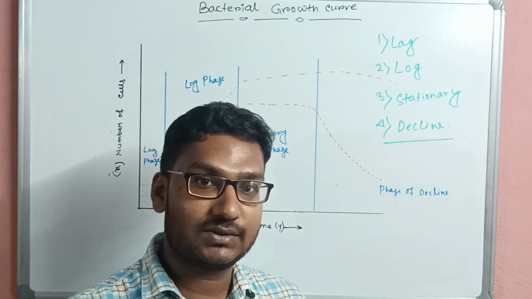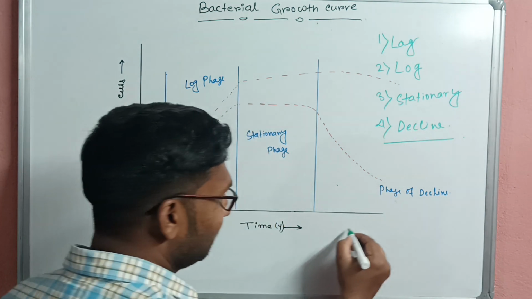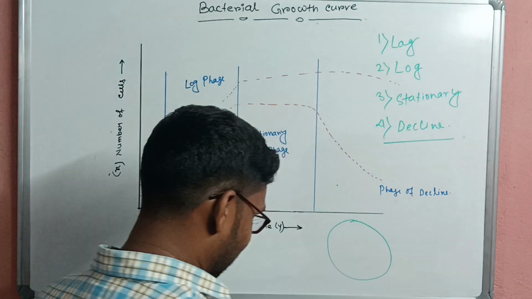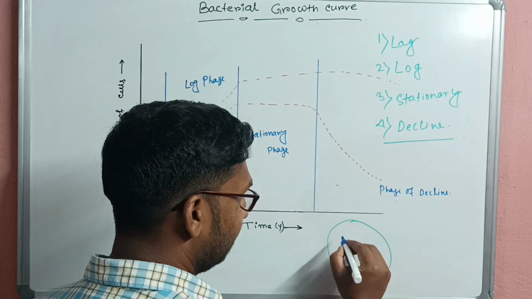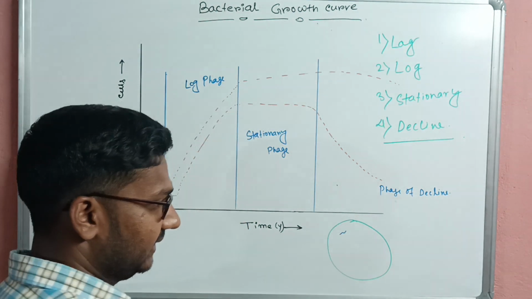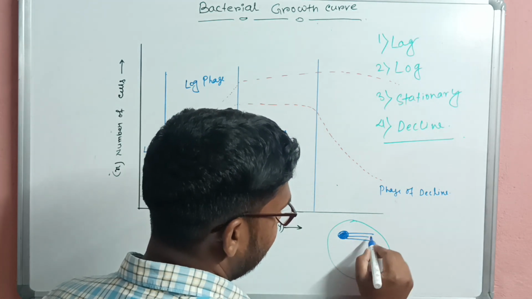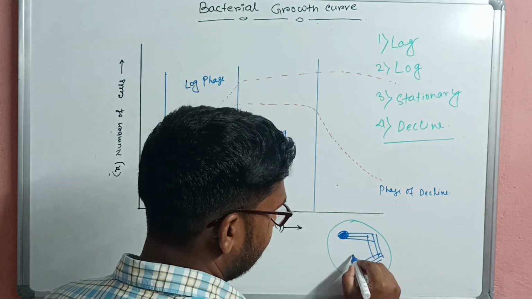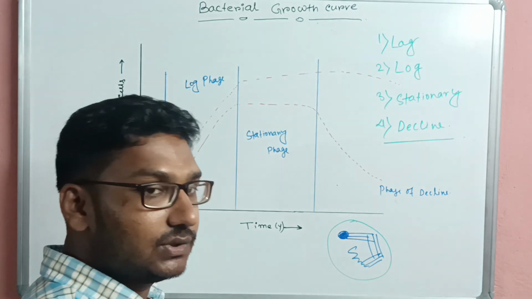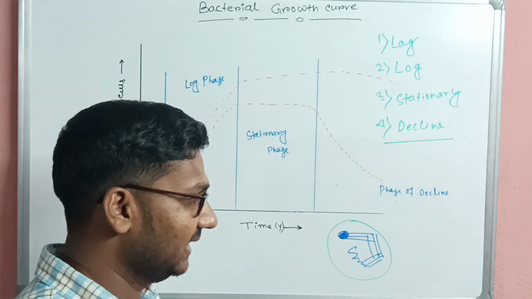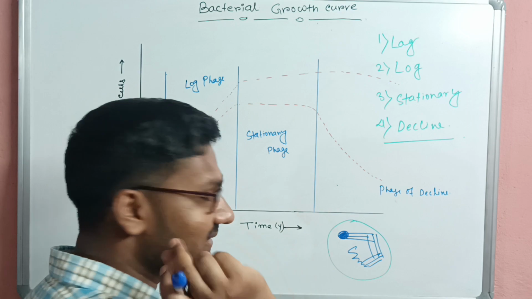So generally, suppose this is the culture media. I introduce a bacteria, like this, I culture a bacteria. So at that time what will happen? What type of facility is generally given by this media?